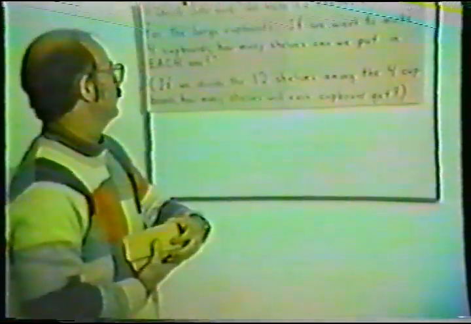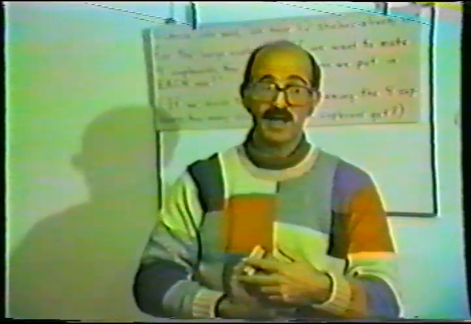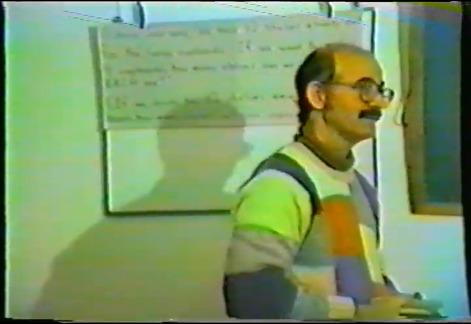Well, let's take our 12 shelves. 1, 2, 3, 4, 5, 6, 7, 8, 9, 10, 11, 12. And I have 4 cupboards, and I have to know how many I can put in each one.